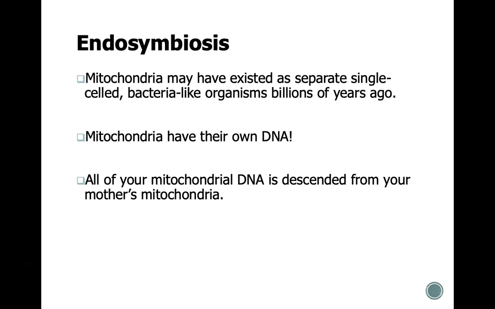You may have heard about something called the mitochondrial Eve. It's this quote-unquote ancestral female that would have passed her mitochondrial DNA down to all individuals who are living on Earth today. And that's because sperm don't have the mitochondria, so any mitochondria that you get is going to come from your mother.